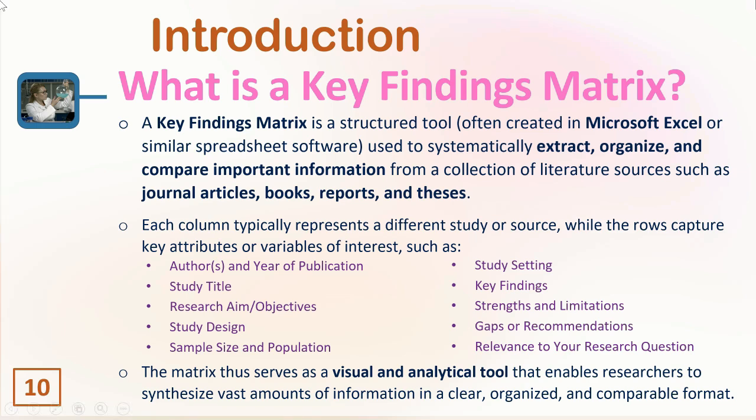Each column typically represents a different study or source, while the rows capture key attributes or variables of interest, such as the author and year of publication, study title, research aim and objectives, study design, sample size and population, study setting, key findings, strengths and limitations, gaps or recommendations, and relevance of the study to your research question.